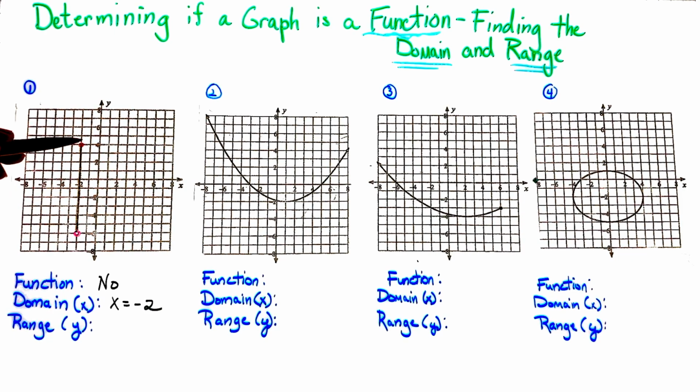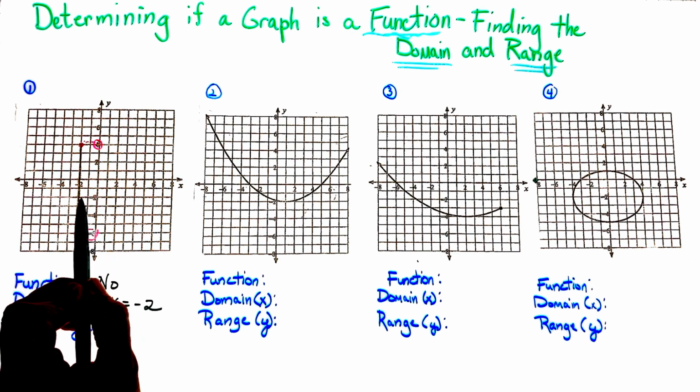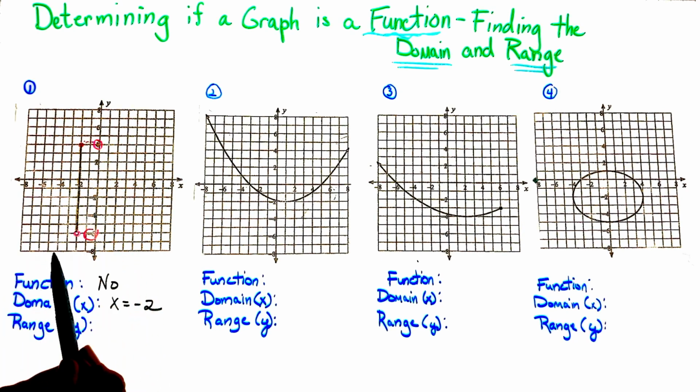I'm looking over here and I see that I have a 4 there. And then I'm looking down here and I see that I have a -6. So I know that y is going to be between those values, because if you keep looking back at the y-axis, you see that it's between those two numbers.